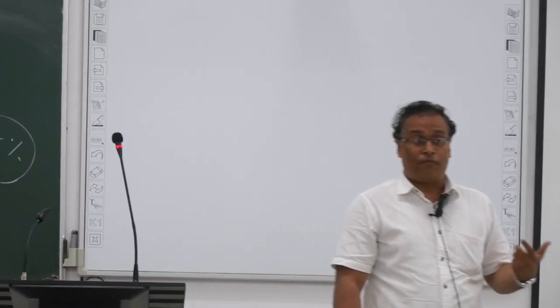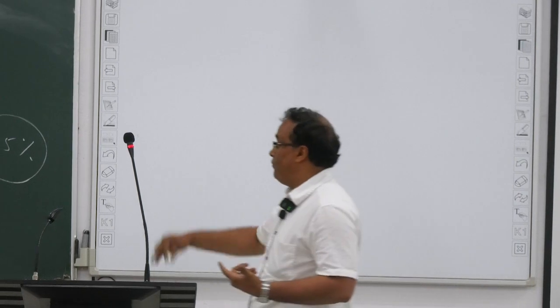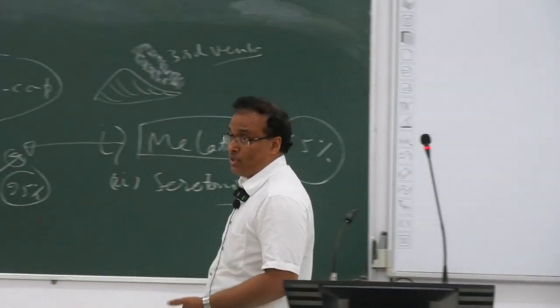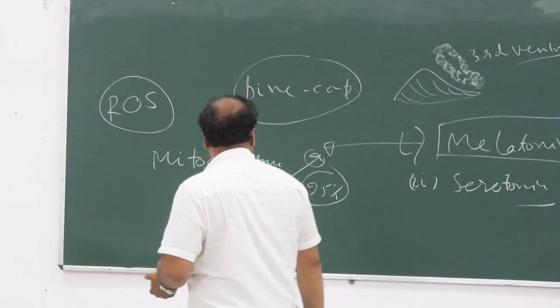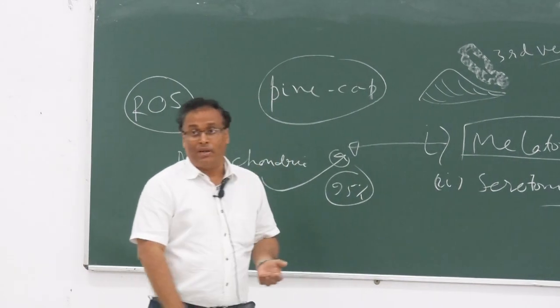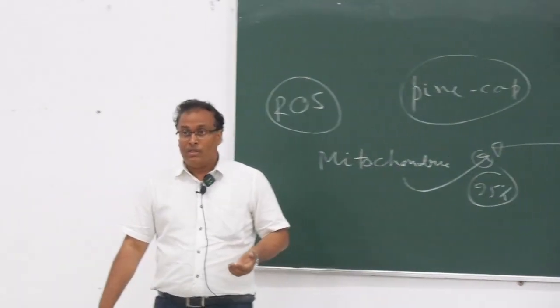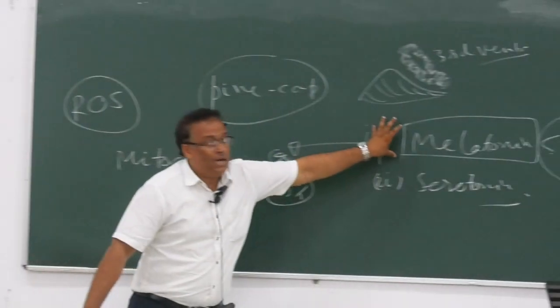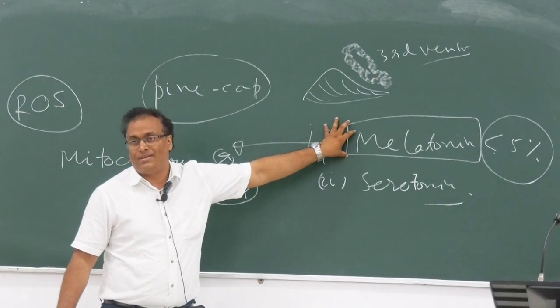So less than 5% is coming from the pineal gland, which is the subject topic of this class. But remember, only this part of melatonin is detectable in the blood.